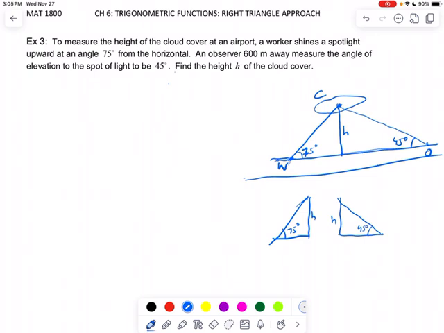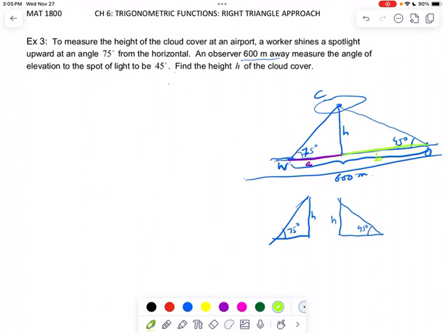Also we know the distance between the observer and the worker is 600 meters. So this distance is 600 meters. Now it's similar to what we did before. We can call this distance A, and the other one B.